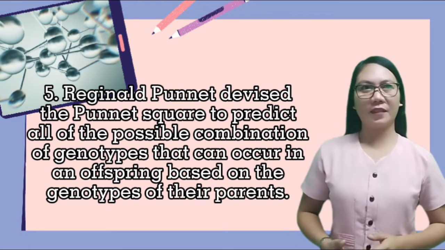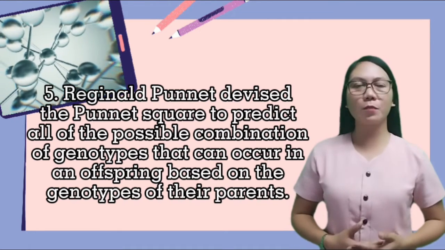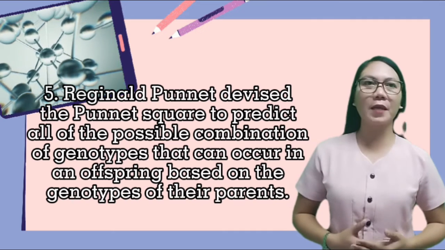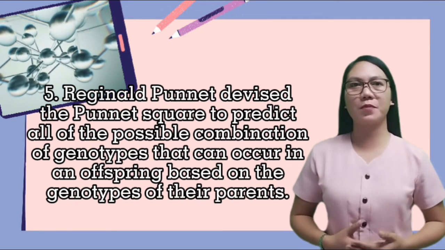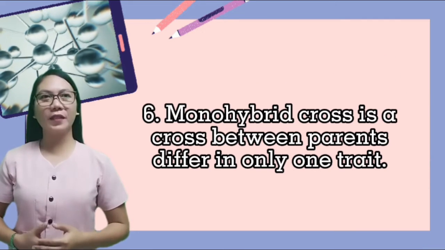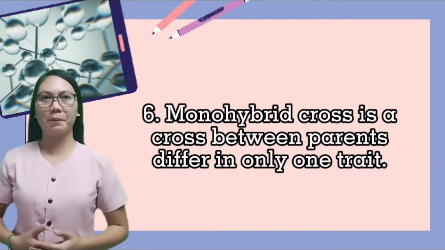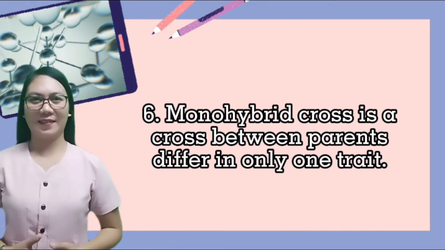Reginald Punnett devised the Punnett square to predict all of the possible combinations of genotypes that can occur in an offspring based on the genotypes of their parents. Monohybrid cross is a cross between parents different in only one trait.